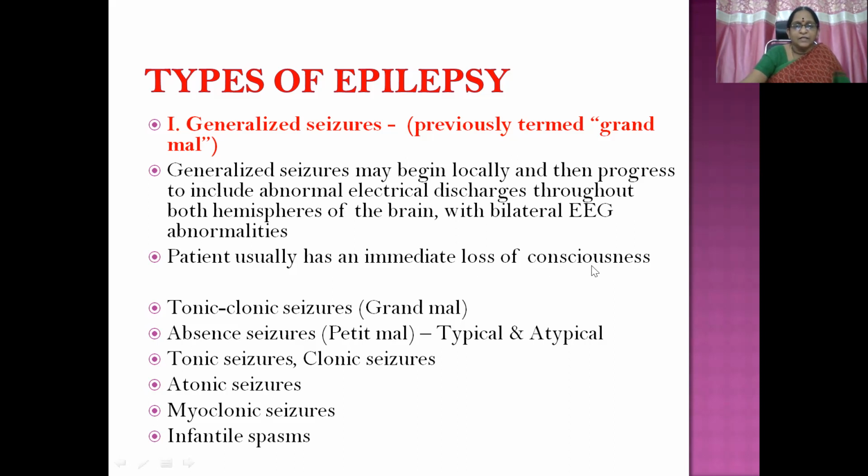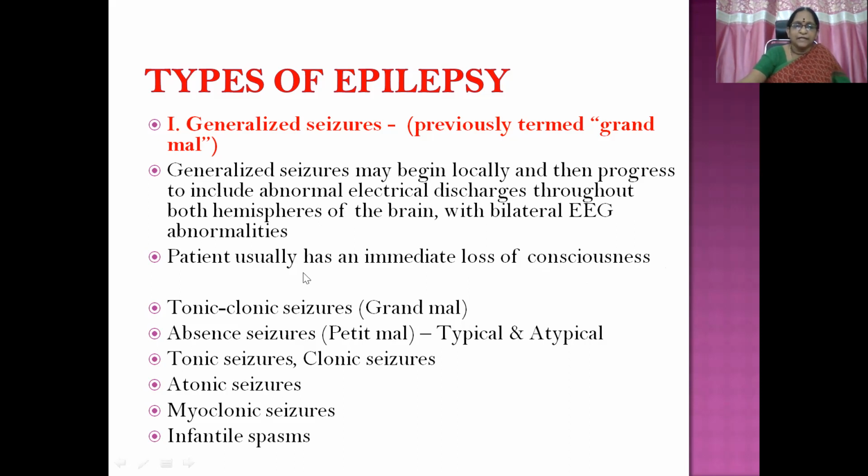Remember, this loss of consciousness may be present in some sorts of epilepsies and may not be present in others. So based on that, you will be able to diagnose the type of epilepsy along with the other manifestations that the patient exhibits. So here in generalized epilepsy, there is an immediate loss of consciousness.